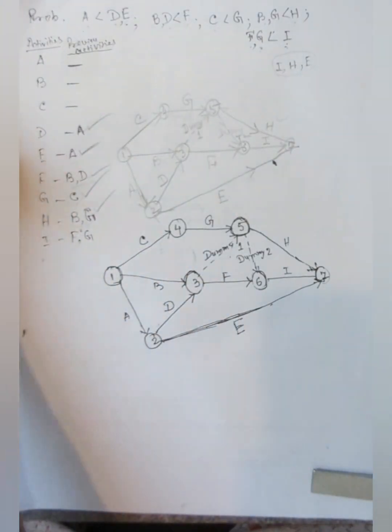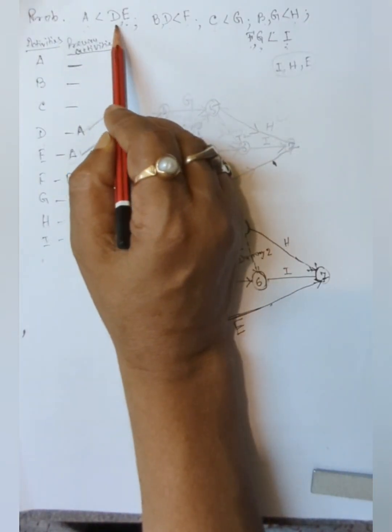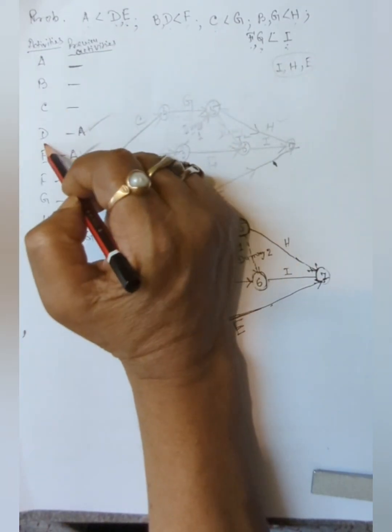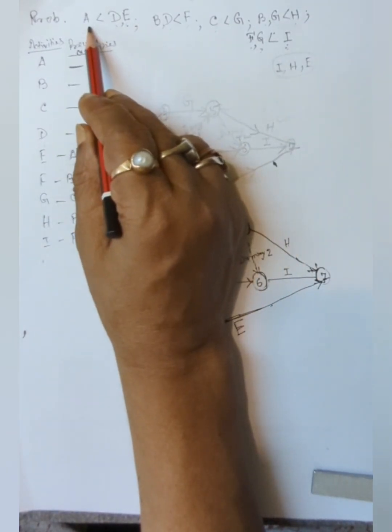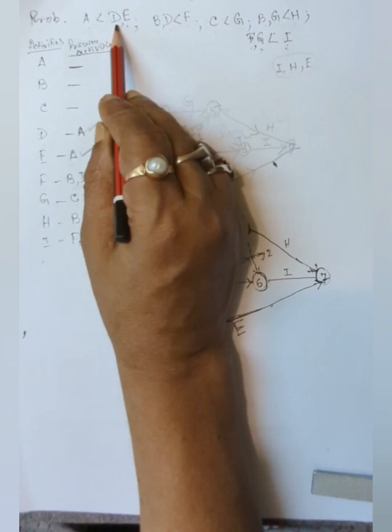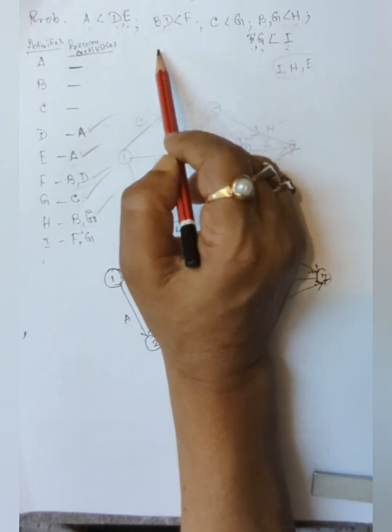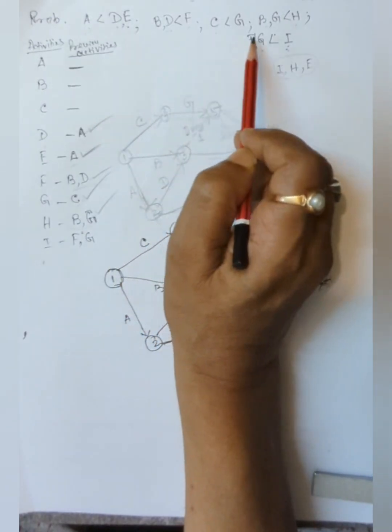Now for D, this is D. It indicates A must be completed to start D. A less than D means A is to be completed, then only you can start D. Any other for D? No, there is no other.